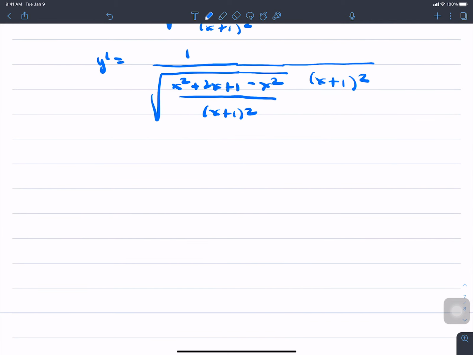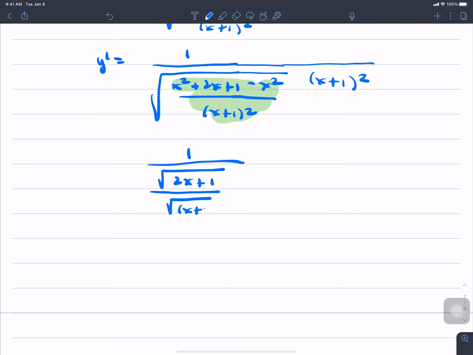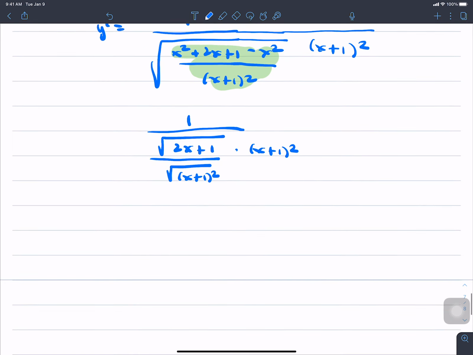Now, what I started to say, this denominator here, everything that's right in here now, if we look at this portion here, 1 over, this will just be 2x plus 1. And that's the square root of x plus 1 squared. And then I have that factor of x plus 1 squared.